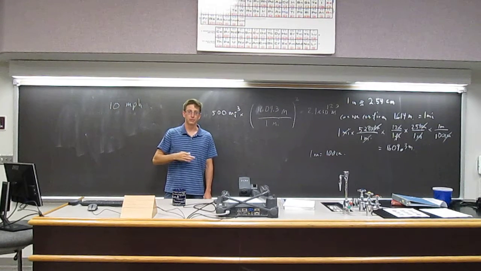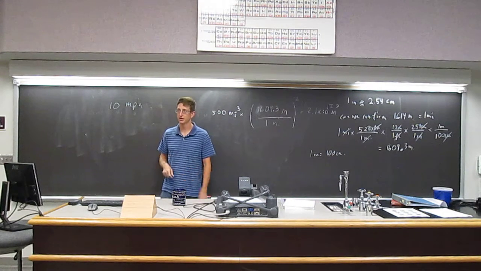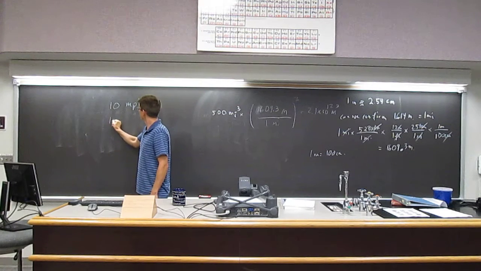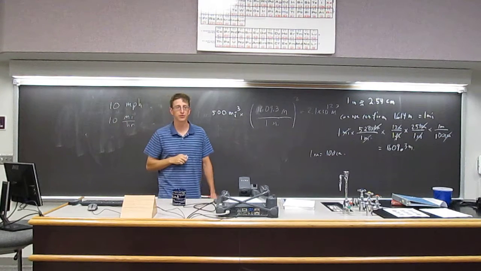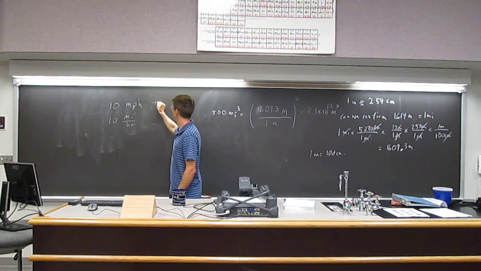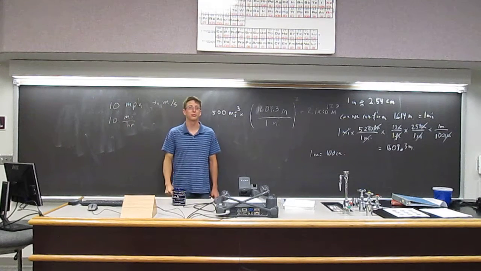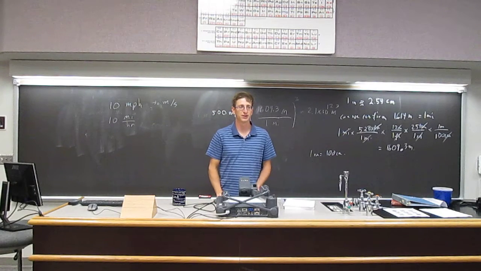If you're running at a fairly good clip, not sprinting, that's roughly 10 miles an hour. So this would be 10 miles over an hour, and I want to convert that to meters per second. The reason I put a 10 here instead of 1 mile per hour is so I don't get just decibels.